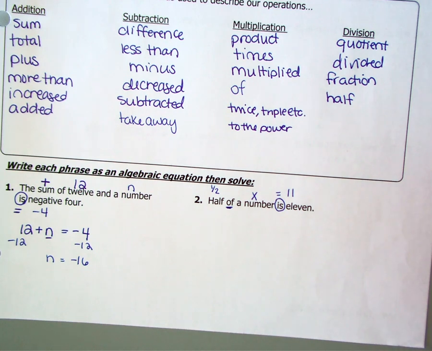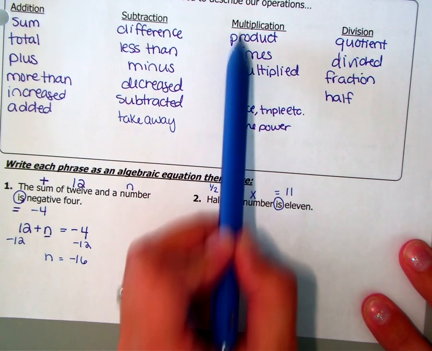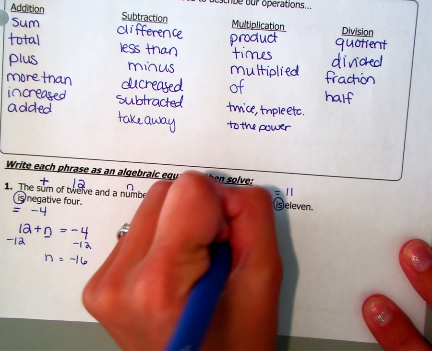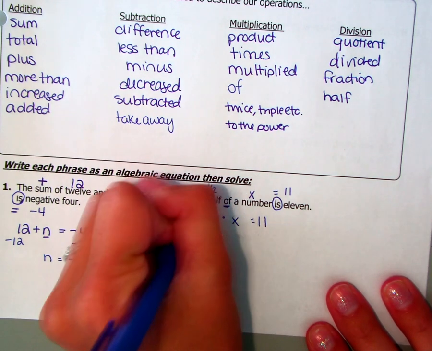Where do we put "of"? Addition, subtraction, multiplication, or division? We put it under multiplication. So we're going to have half times x equals 11. This looks like an equation that we've done before. It's a 1 over, because it's 1 over 2. How do we get rid of the fraction? Multiply by 2. We multiply both sides by 2.